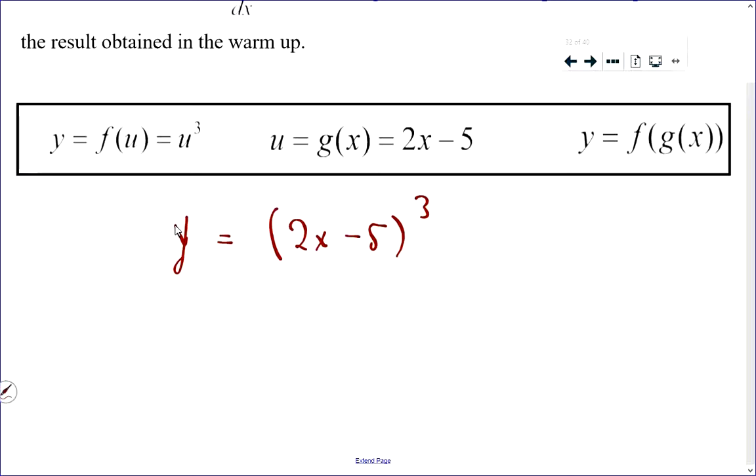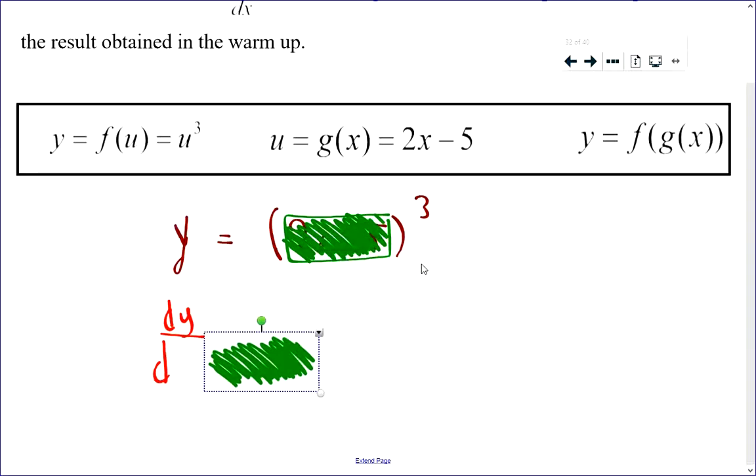I don't know. But if I told you that this function was actually this, and I said find dy d this, all that means is you differentiate this with respect to what's in brackets.